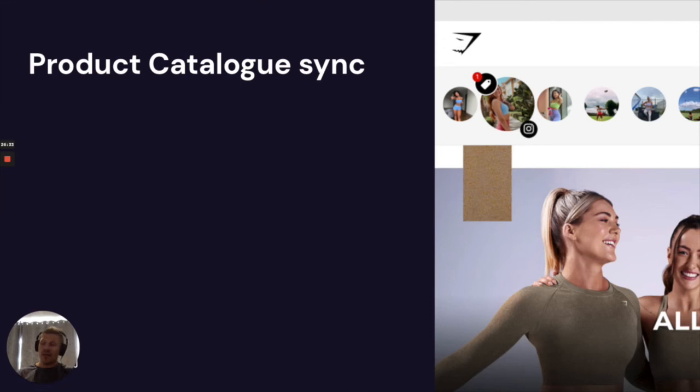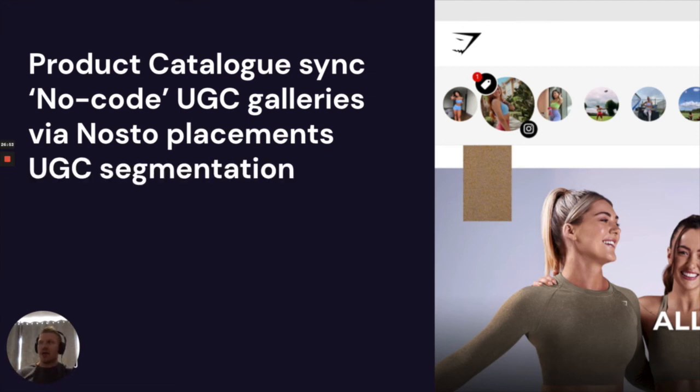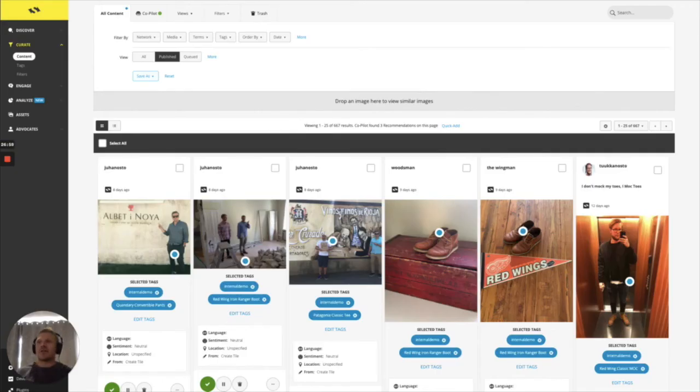If you've ever managed another UGC tool, you'll understand how frustrating it can be to maintain your product catalog in that tool as well as in Nosto and other places. The ability to inject UGC galleries via Nosto placements rather than having to go and access your web dev team, your front end team, to try to inject UGC widgets or galleries that way. The segmentation piece we spoke about, A/B testing.